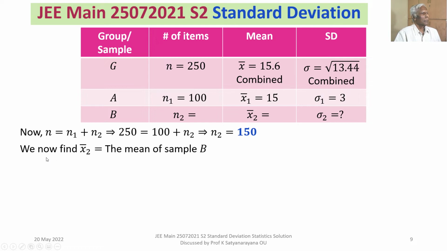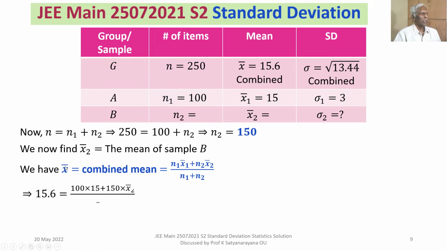Now we find x2 bar, the mean of the sample B. We have x bar, the combined mean of the means of A and B, and that is given by n1 x1 bar plus n2 x2 bar by n1 plus n2. In this, all quantities are known except x2 bar.